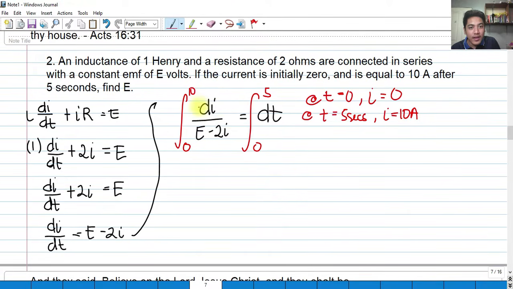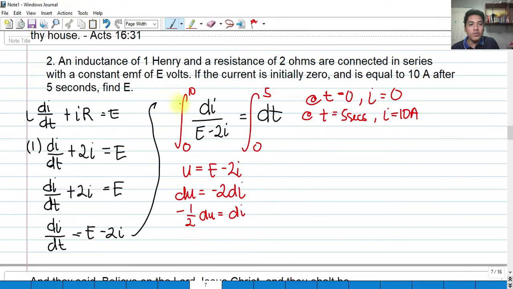We are integrating with respect to di. Any term that is not in terms of I is considered a constant, as well as the E here. So if I let u equal E minus 2I, then du with respect to I is negative 2 dI. So if I solve for dI, I will have negative 1/2 du is equal to dI.